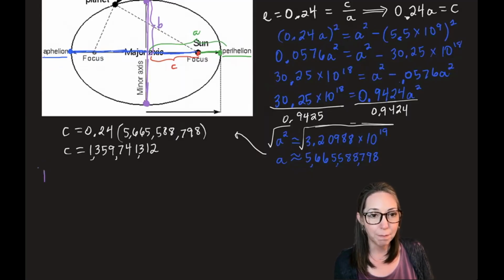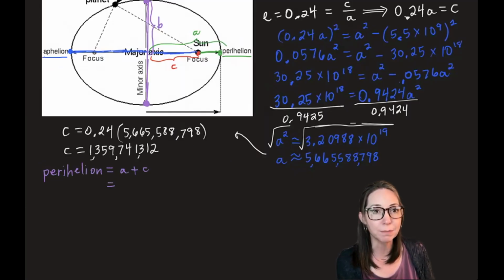So the perihelion, that's the closest it gets. Perihelion would be equal to a plus c. So if we add those two numbers, a and c, a is the 5.6 billion, c is the, I'm sorry, minus, right? Perihelion is the closer point, right? So let's do minus c. Almost got those backwards.